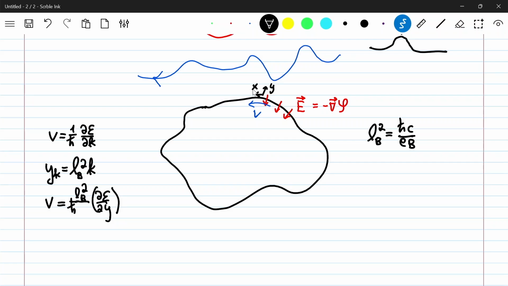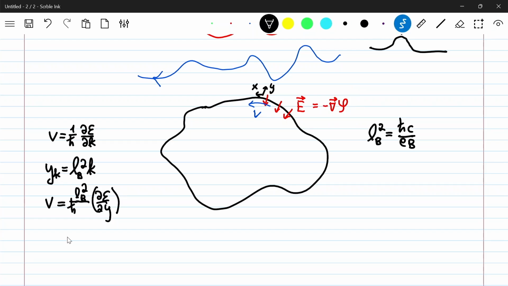Why am I writing it like this? Because what is the energy here? The energy is, for a confining potential, actually dictated by the potential phi. So this confining potential is what dictates the dispersion of the energy.